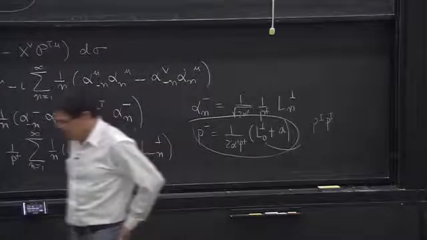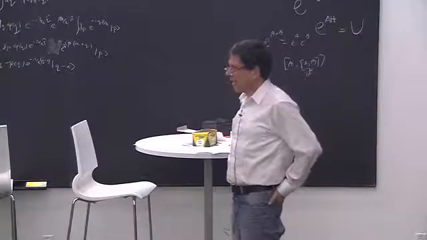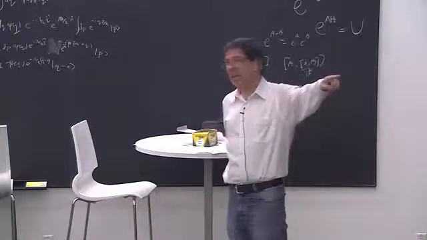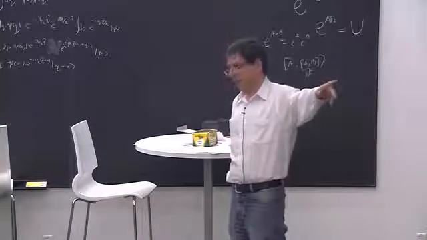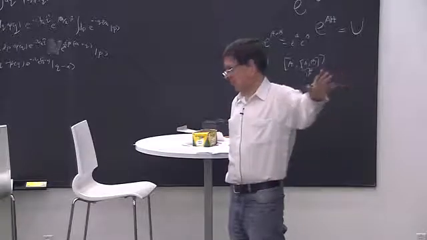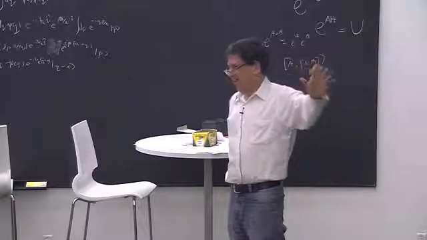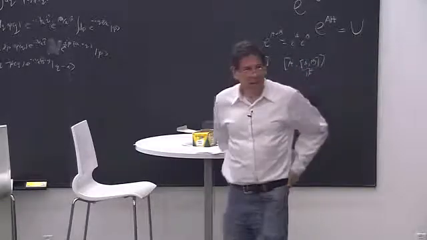Now, we all complain sometimes that a problem is a long calculation. Well, this is a long calculation. This is easily 15 or 20 pages of calculation. It's a nightmare of a calculation.